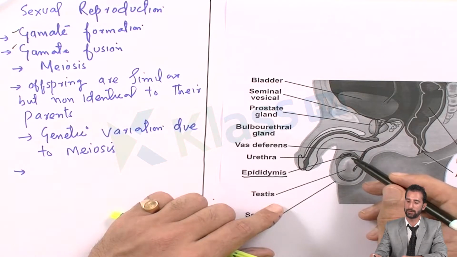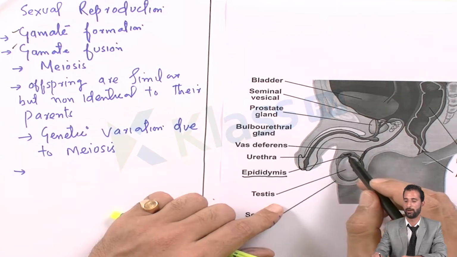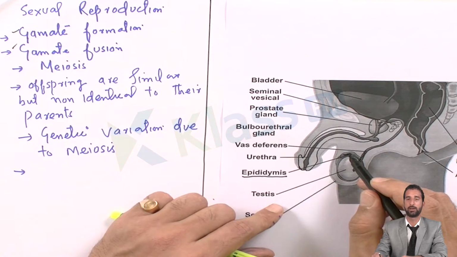The epididymis lies on the top pole of each testis and acts as a temporary storage of the sperms.